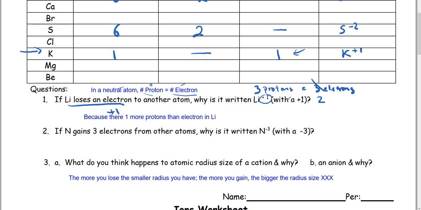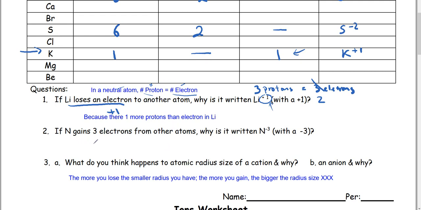In this case, it's asking you why it has positive 1. You can write it as plus 1 because you lose 1 electron. If you lose 1 electron, you would have 1 more proton than electron, or you can say you have 1 less electron than the number of protons.